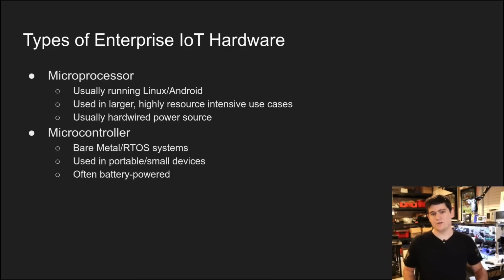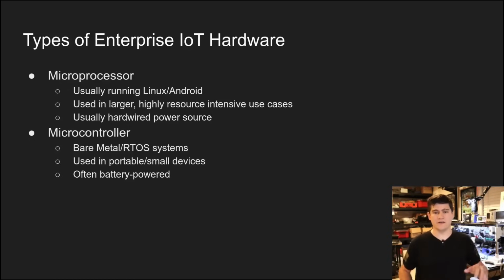And so you kind of have your traditional microprocessor devices that are running Linux, Android, a full-fledged operating system. These are usually more resource intensive. They have network services, lots of processes running on the system, oftentimes more storage, and these are usually hardwired devices. Again, there's caveats here. Some of these properties fit into the other categories, but you get the idea.